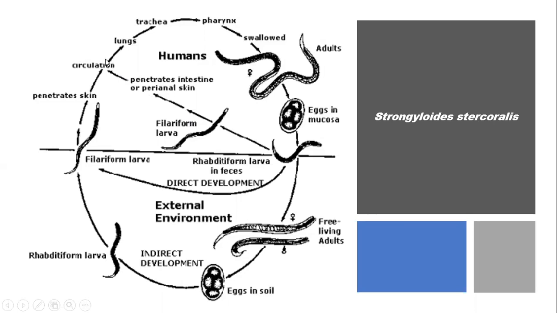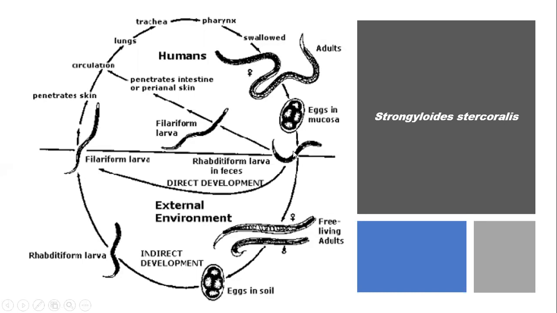It gets into the circulation. You still remember that we have this heart-lung migration, particularly with roundworms. And then eventually it gets to the trachea, it's swallowed, and then the adult worm develops. So this is the usual thing. So this is a direct life cycle.